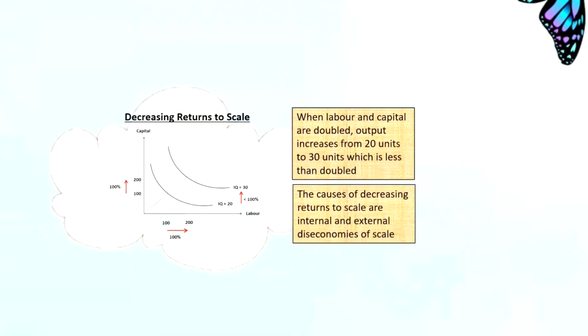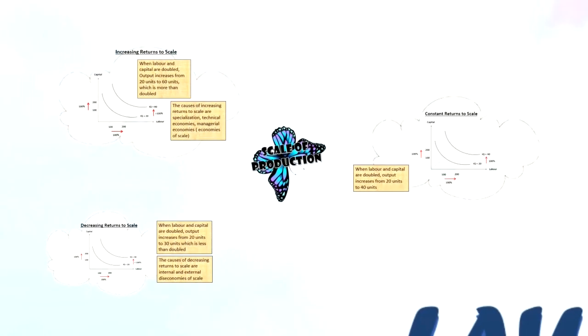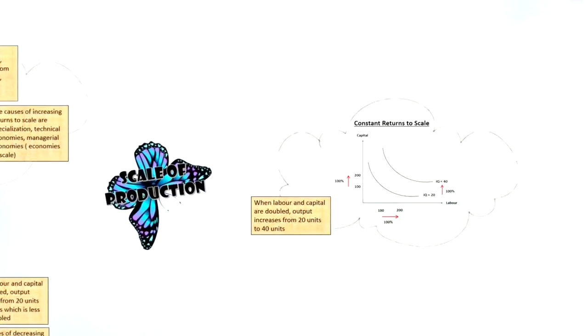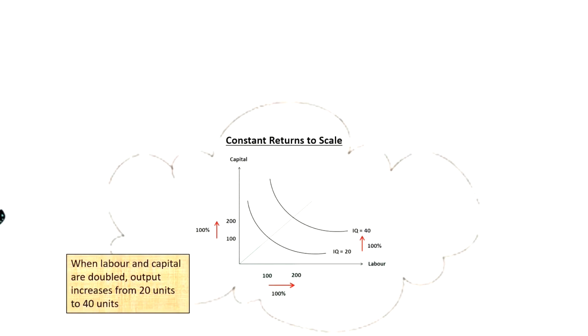And the last type of scale of production is constant returns to scale. What is constant returns to scale? Constant returns to scale happen when all the factors of production are increased in a given proportion, and output would increase by the same proportion. As we can see, this is the same graph as the decreasing and increasing returns to scale, but the difference is how much output increases.